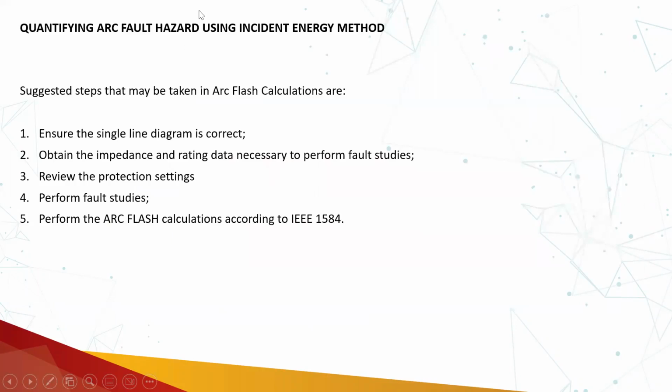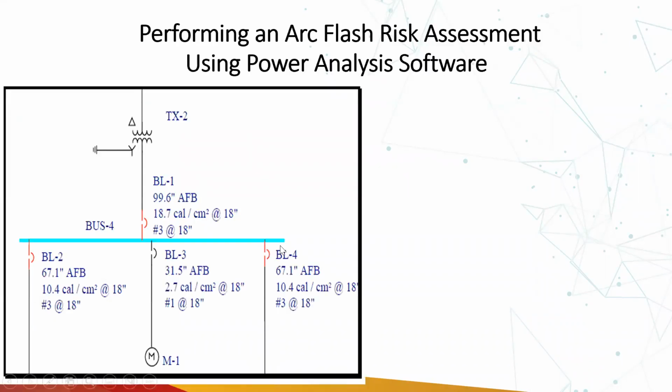So these are the minimum requirements to draw any model, like single line diagram, obtaining the impedance and rating, review the protection settings, perform fault studies, perform the arc flash calculations according to IEEE 1584. Okay, so we have performed the modeling.